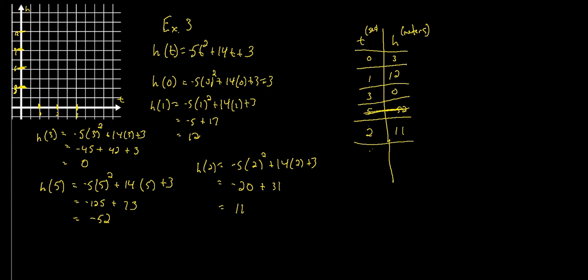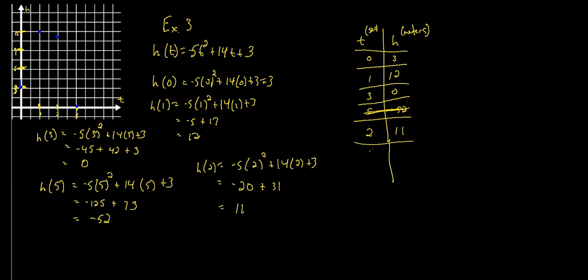So 1, 2, 3. So at 0, we are at a height of 3. At 1, we are at a height of 12. At 2, we are at a height of 11. And at 3, we are at a height of 0.